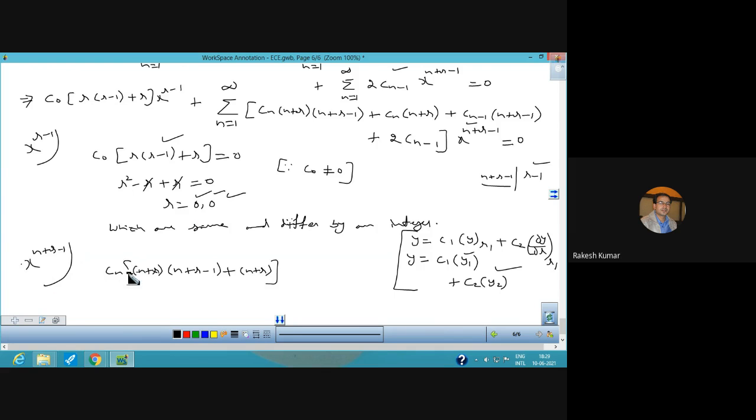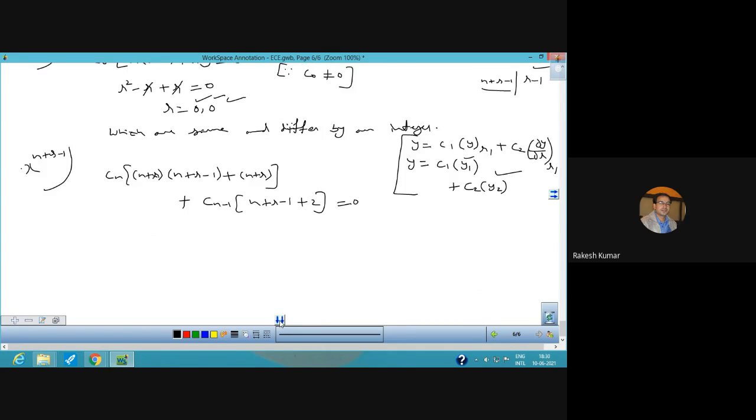Now, actually, Cn can be taken common here. Similarly, in the next two terms, Cn minus 1 can be taken common. Inside, you will have n plus r minus 1 plus 2. This is plus 2, and that coefficient is equal to 0. Now, solving a little, you will have the value of Cn.